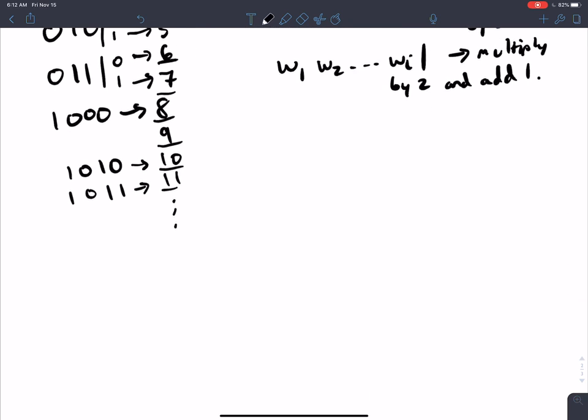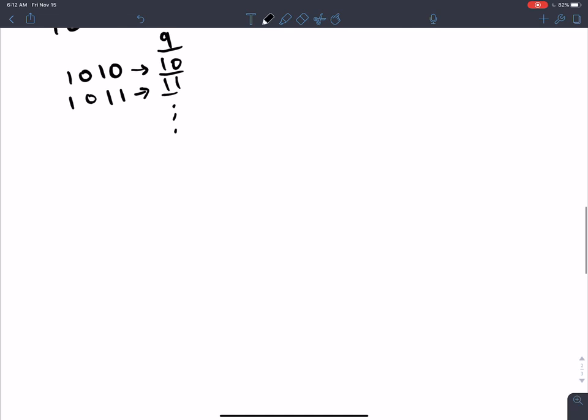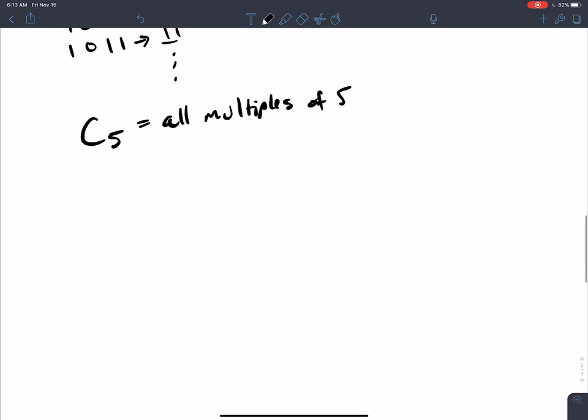So let's actually do another example, C5. So all multiples of 5. Using that same idea, it either could be a multiple of 5, which is a remainder of 0, remainder of 1, remainder of 2, remainder of 3, or remainder of 4.